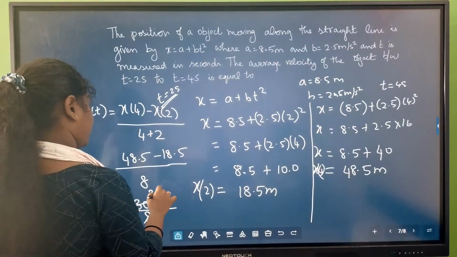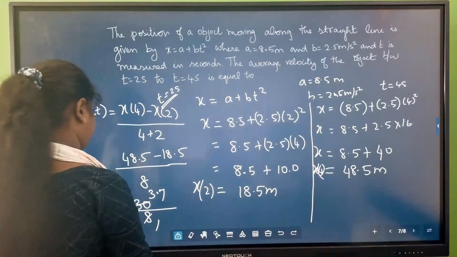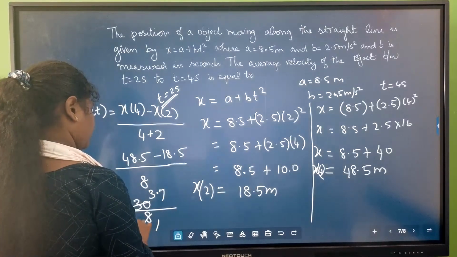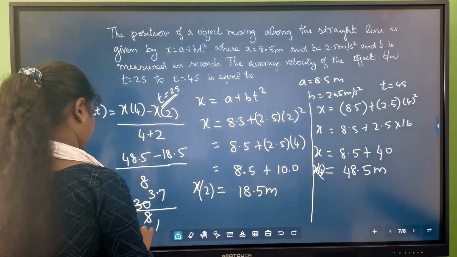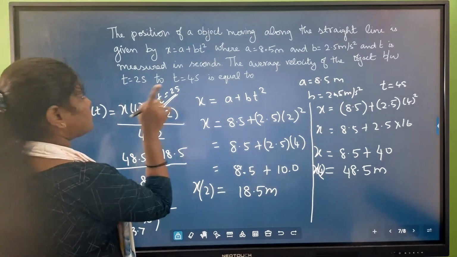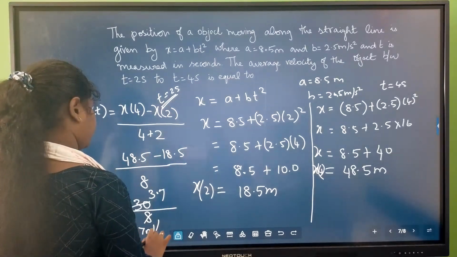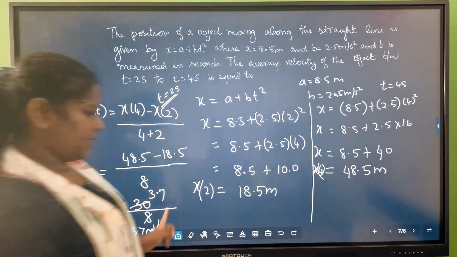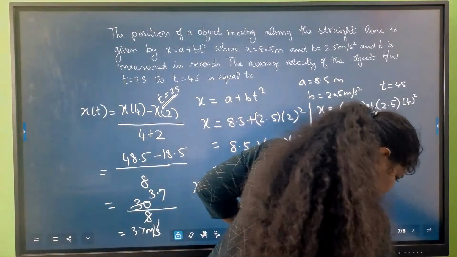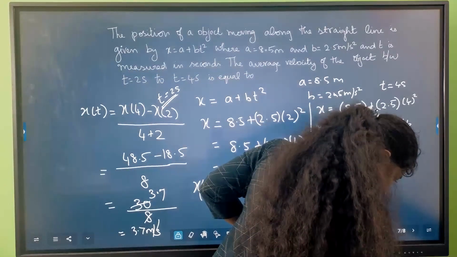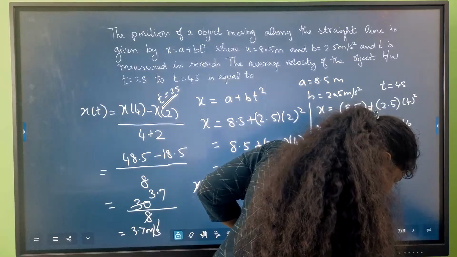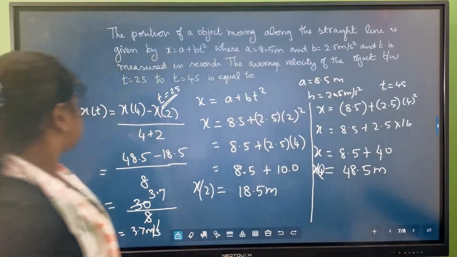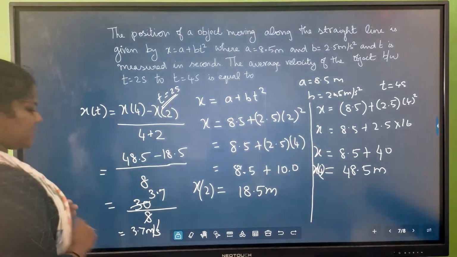So it will be around 3.6 or 7. So this is your velocity. It will be meter per second. Let us get the options. No, I have made a mistake over here.